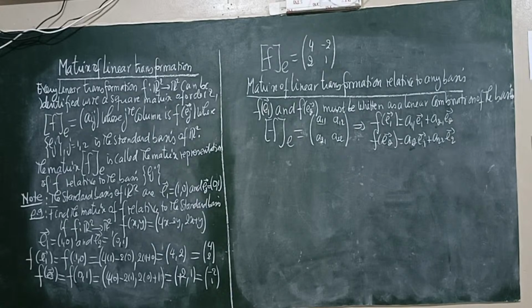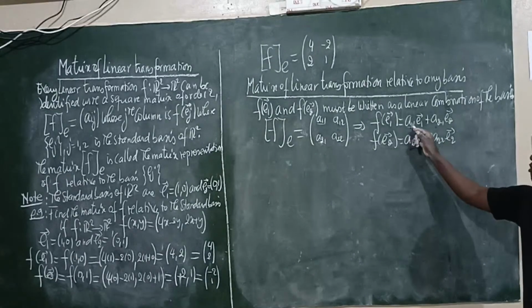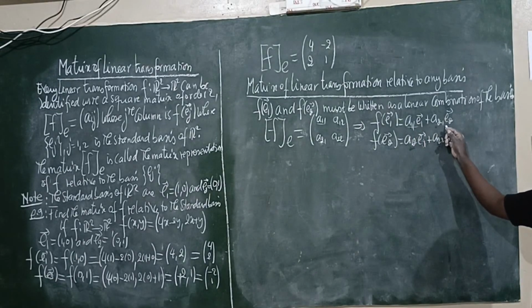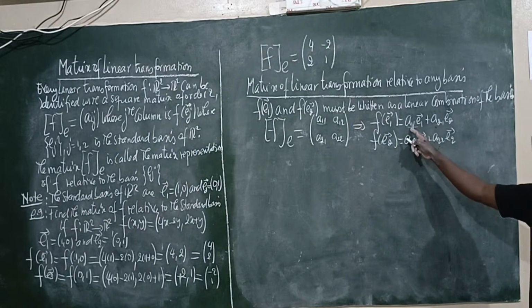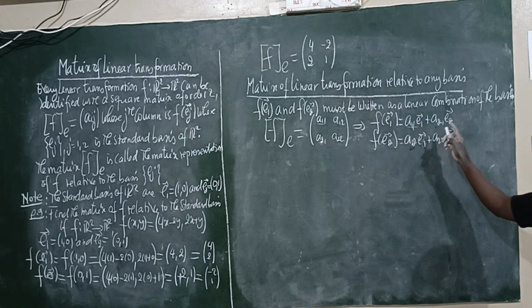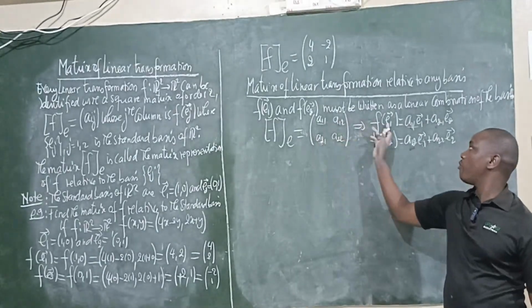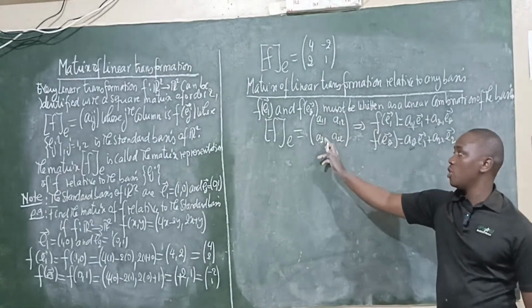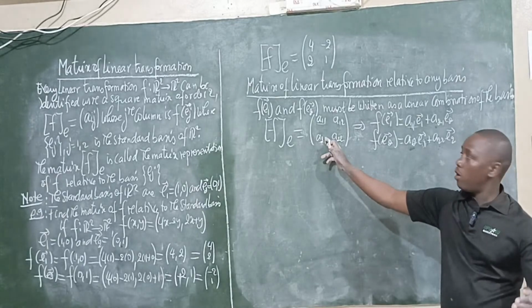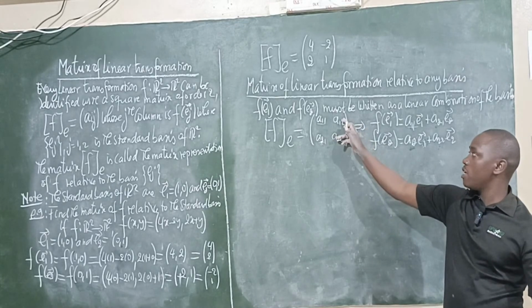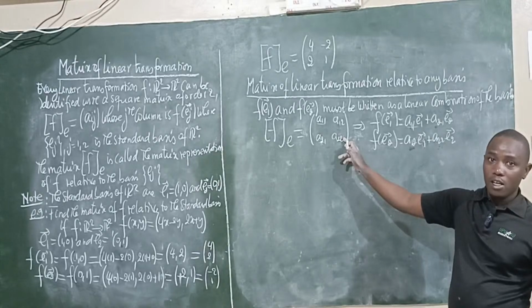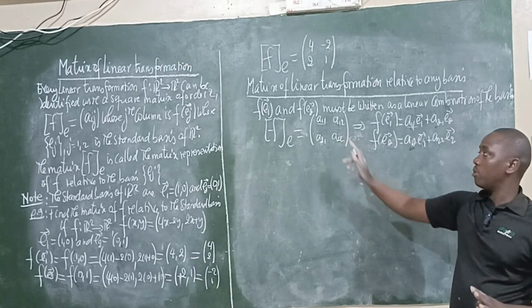But here, as you see, the coefficients are not the same. The coefficients we need to find are not the same. For f of E1, we multiply E1 here, E2 here, and sum them. For f of E2, we multiply E1 here and E2 here, and sum them up.